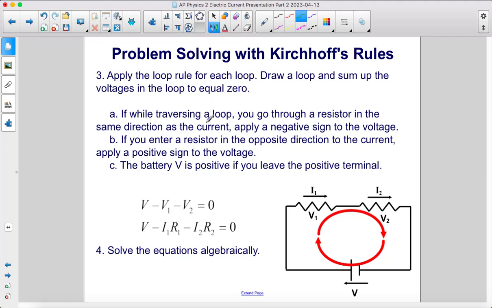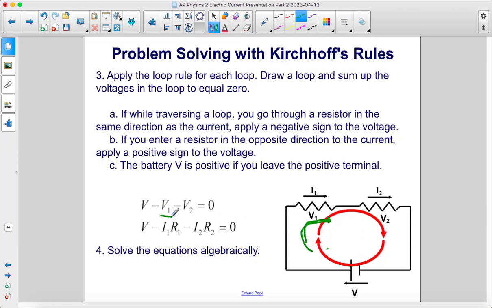If, while traversing a loop, you go through a resistor in the same direction as the current, apply a negative sign to the voltage. So what that means is that if we're going this way, this is our loop, we're passing through this resistor in the same direction of the current as what we assume the current's going that way, then this voltage will be negative.